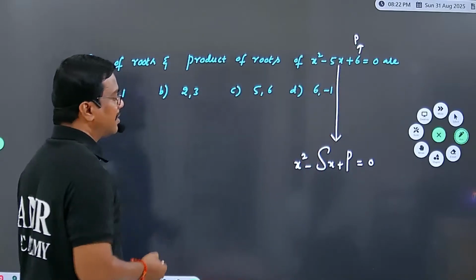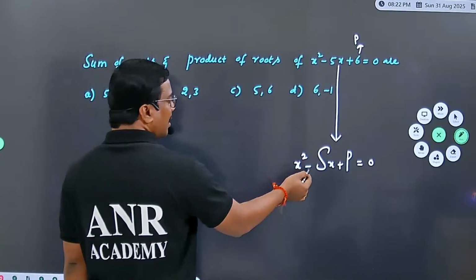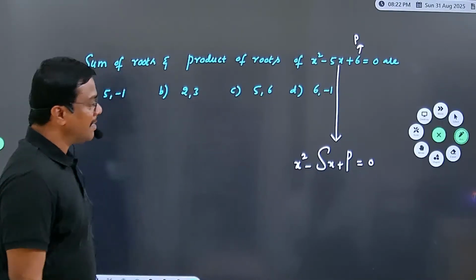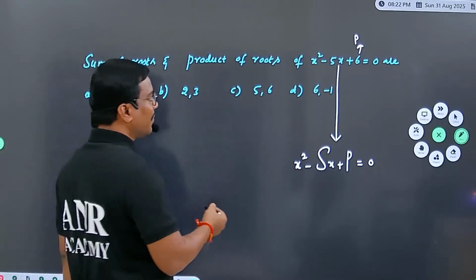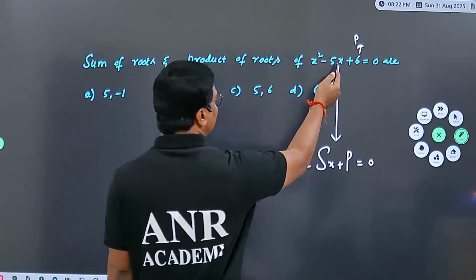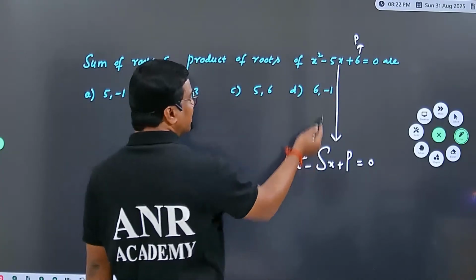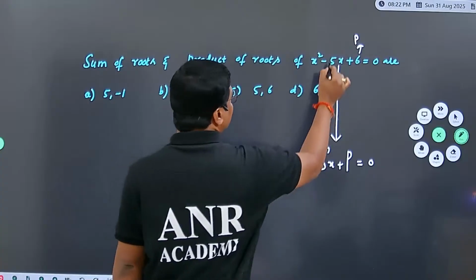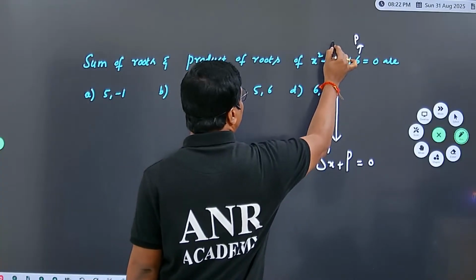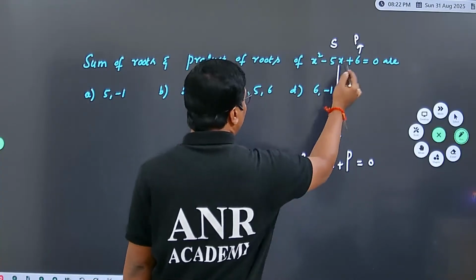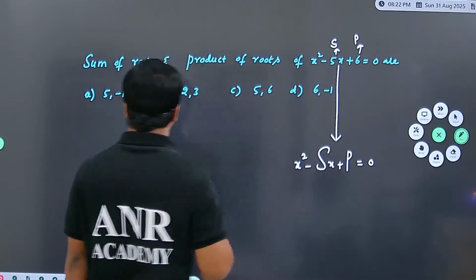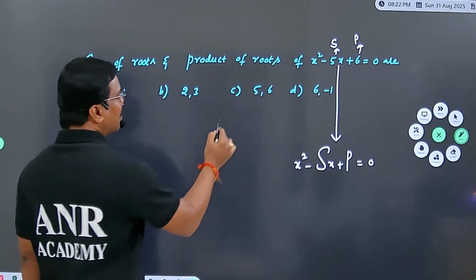Next, negative s is the coefficient of x. So minus s equals minus 5 here, and hence the value of s is clearly 5. So 5 comma 6. Which option? Option C.